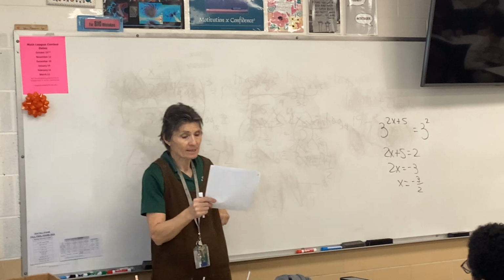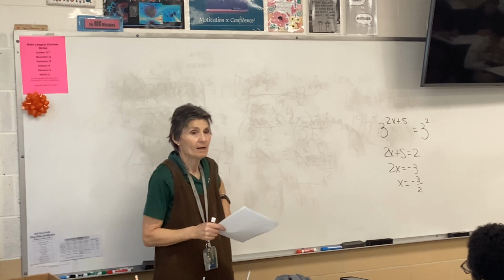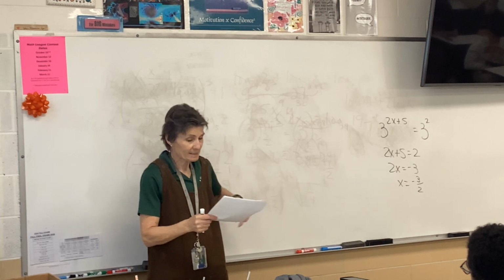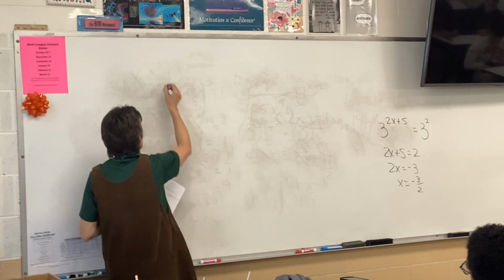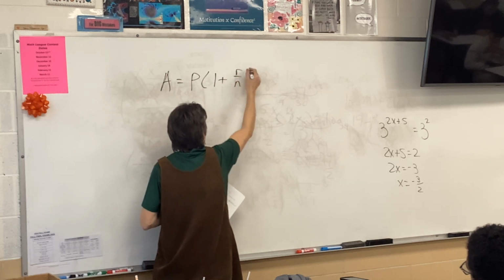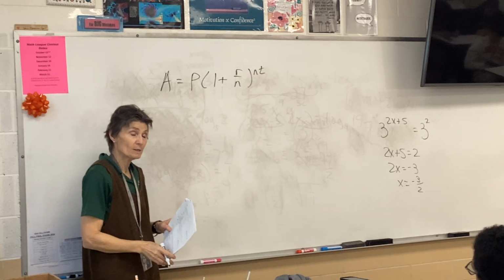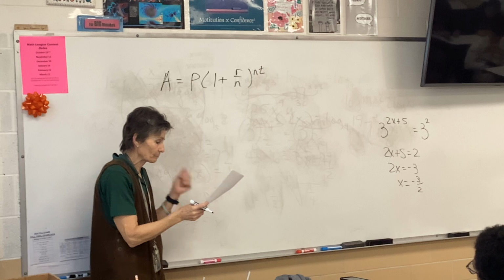If it had said compounded continuously, I would use PERT. But it says compounded monthly, so I am using this formula. That's given to you. You don't need to memorize it, but you need to know that's the one you need.